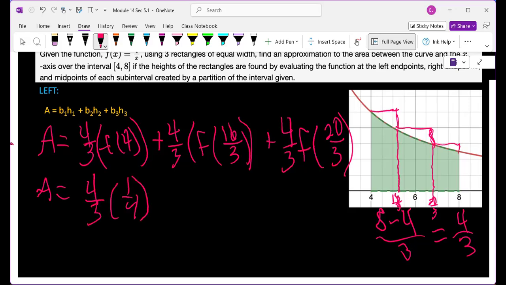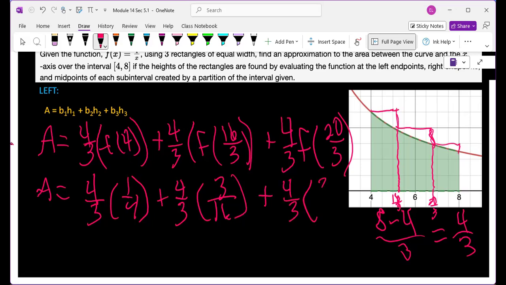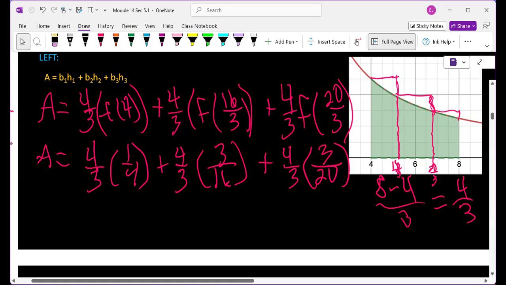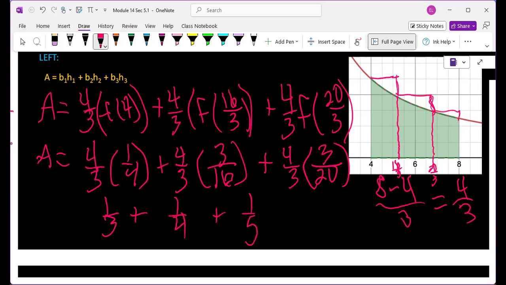This is 4/3 times 1/4. 4/3 times 3/16. 4/3 times 3/20. So we get 1/3 plus 1/4 plus 1/5. This is just a pure fluke because we're looking at the graph 1/x.